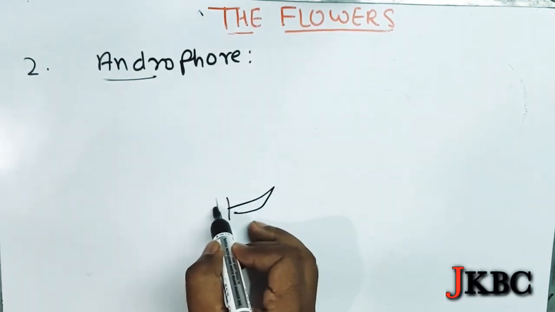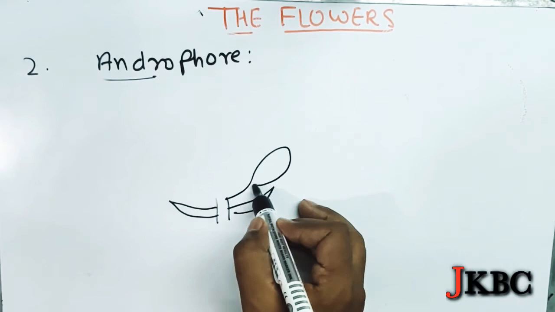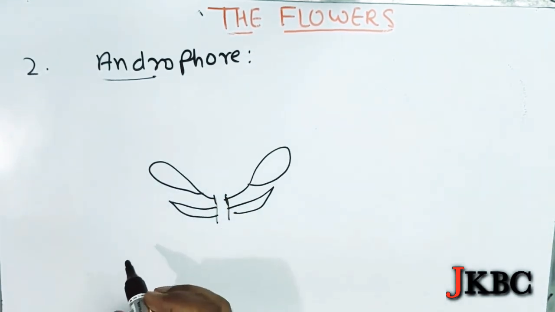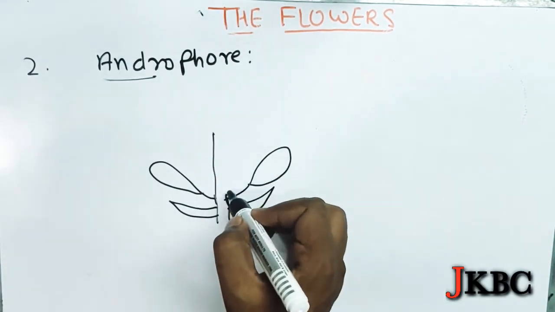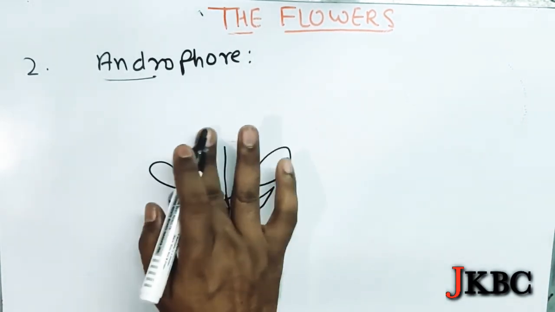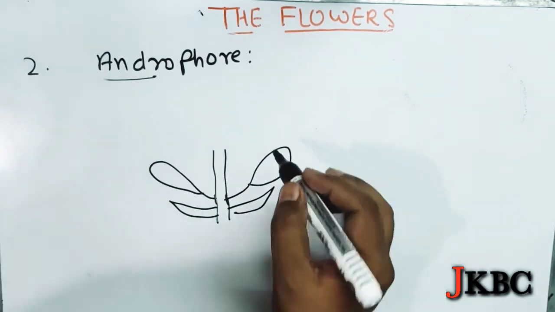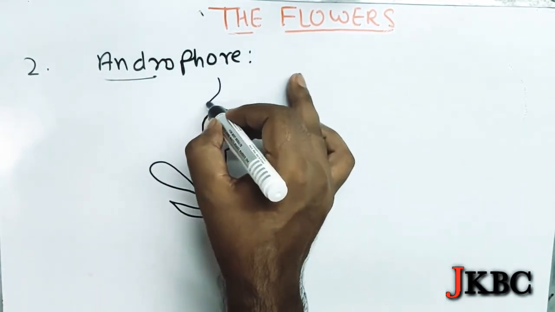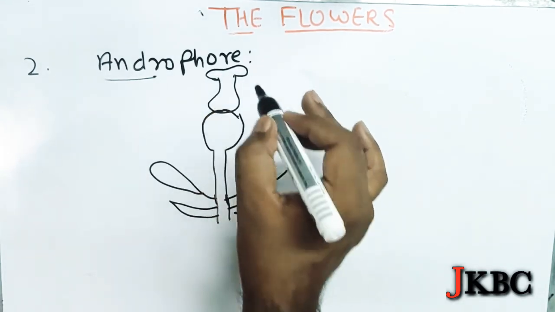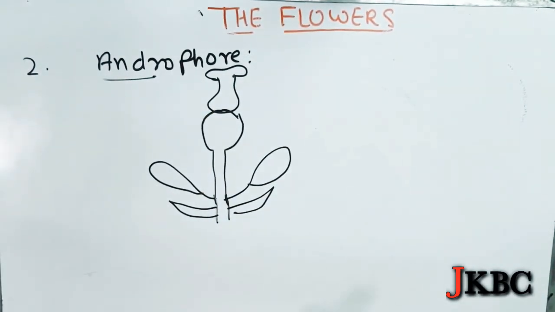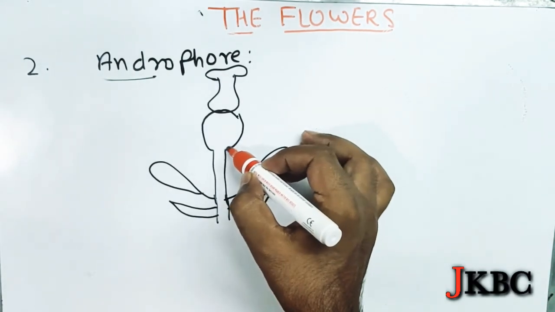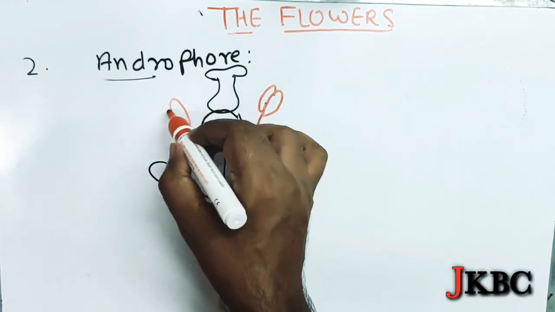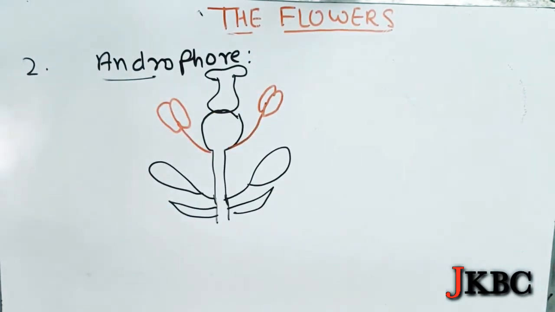The calyx and the corolla both are there, but in between the corolla and androecium, the internode is elongated more. That means it is developed normally.